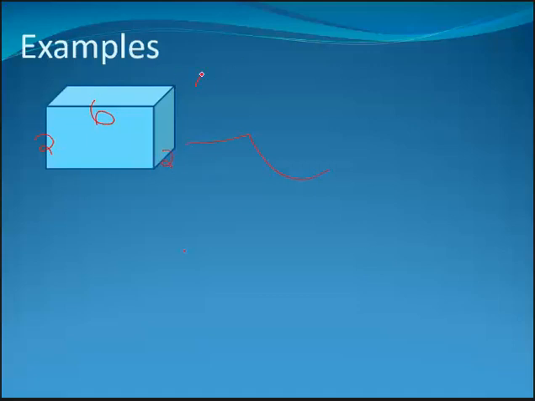So the volume is going to be the area of the base times the length. Remember, the bases are the two ends that have the same shape. There are only two of them. This is one base, and the other one is down here where we can't see it, but we know they're the same shape.